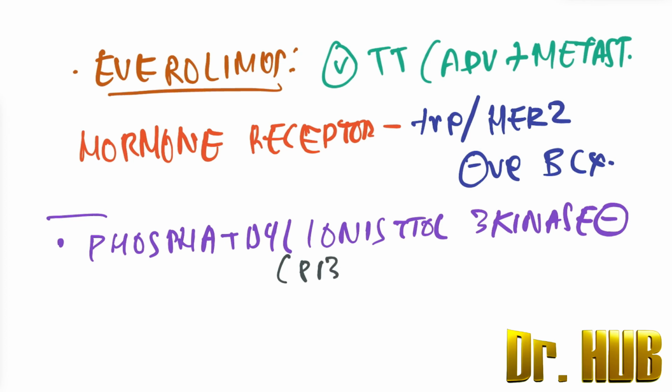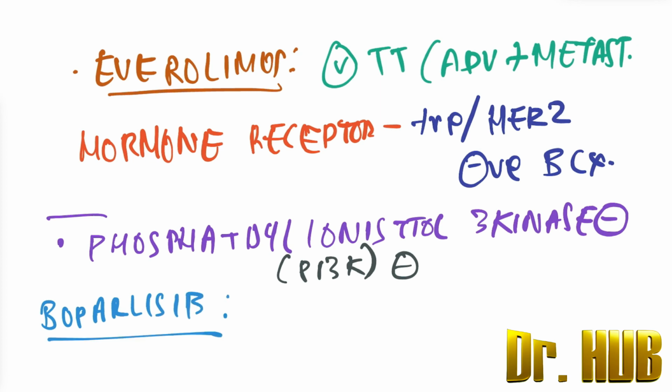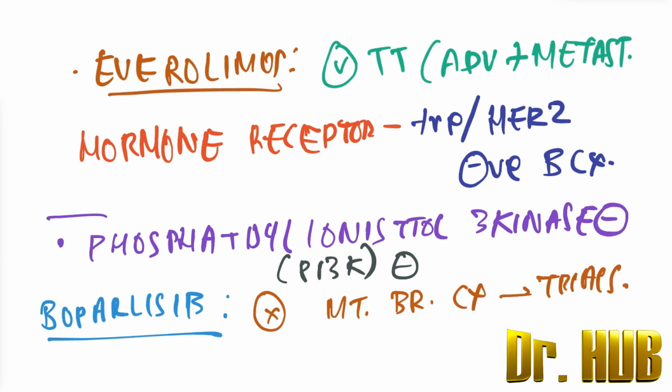It is nothing but the PI3K inhibitors, and here there is buparlisib. Buparlisib is not approved, but trials are underway for the treatment of metastatic breast cancer.